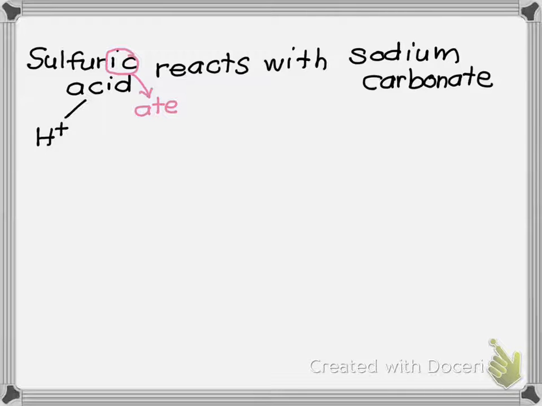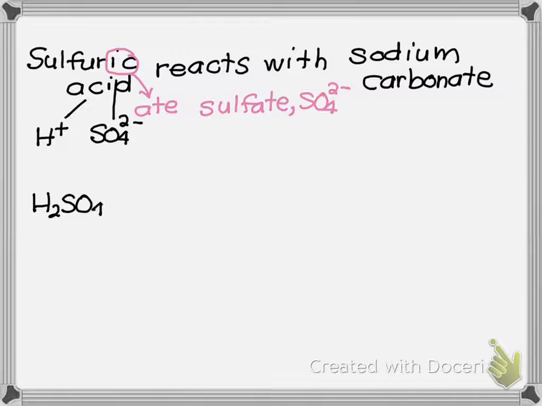So sulfuric acid comes from sulfate, which is SO4 2-. So then if I were to write the formula, this would be H+ with SO4 2-. So the formula for sulfuric acid would be H2SO4, and it would be aqueous.